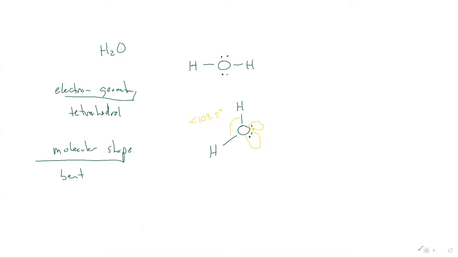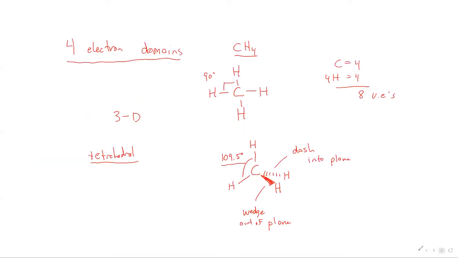All right, so I kind of want to go backwards, and I have this blank page here. When I go backwards, I want to talk about this thing called polarity. We've looked at electronegativity values and dipoles, but now we have to apply those dipoles.